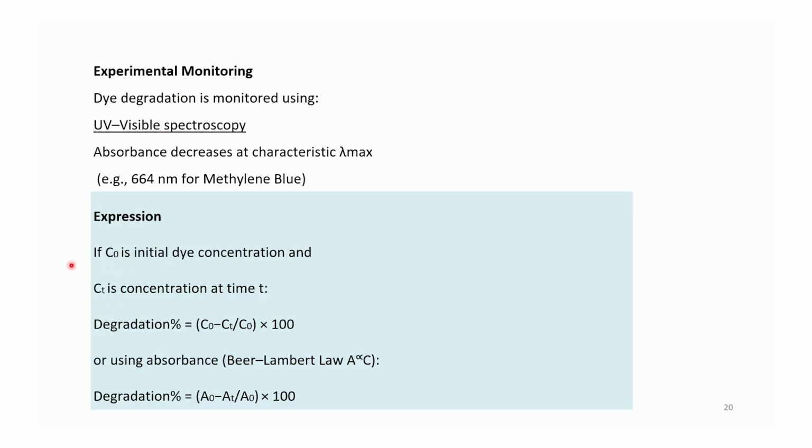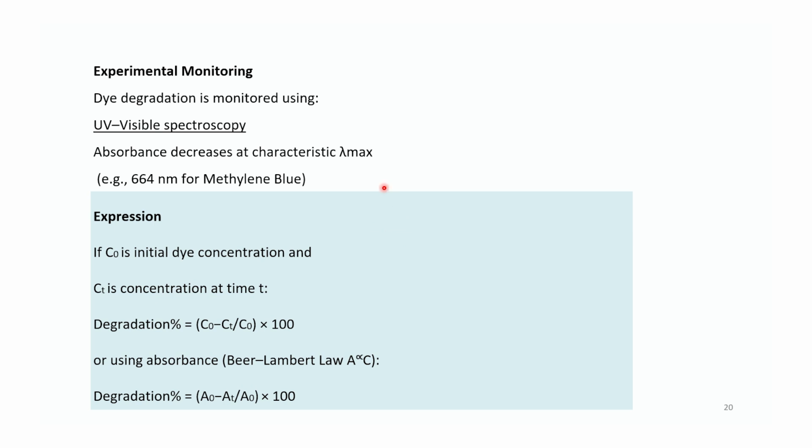The expression: C0 is the initial dye concentration and Ct is the concentration at time t. So you've taken water contaminated with a particular dye. You take C0 as the initial dye concentration, and Ct, after adding catalyst, is the concentration at any particular time t.